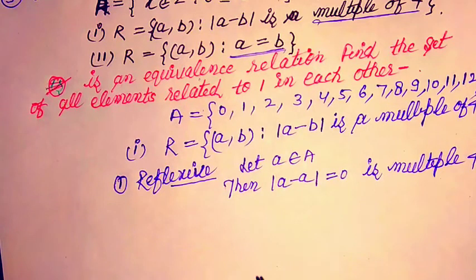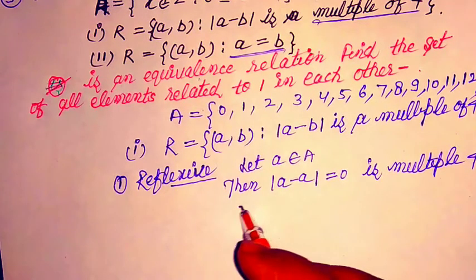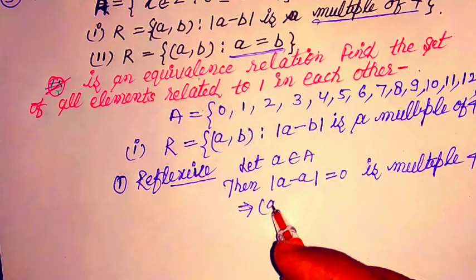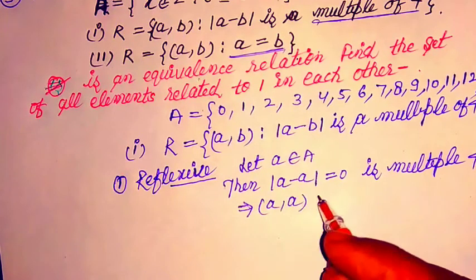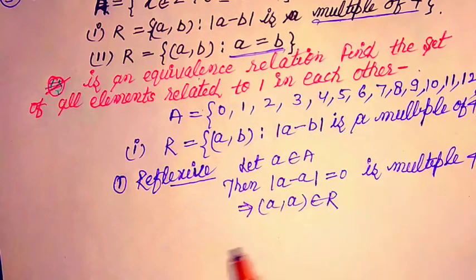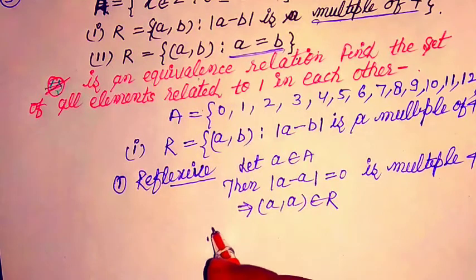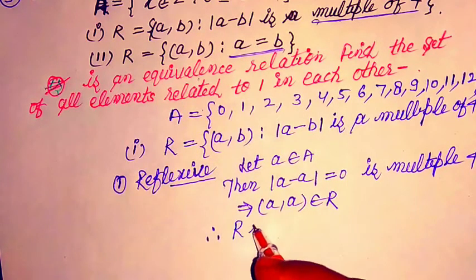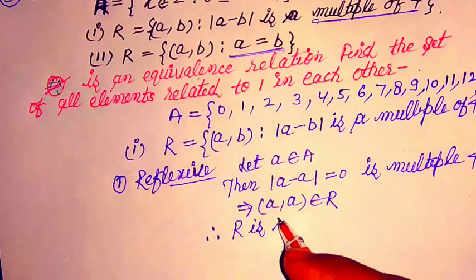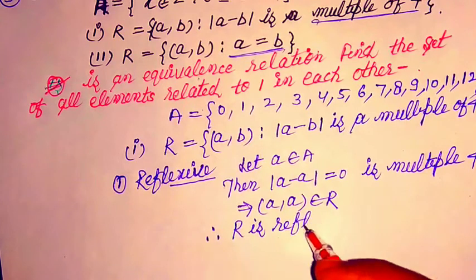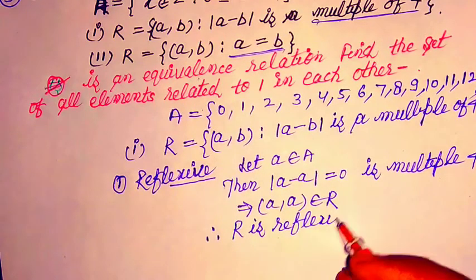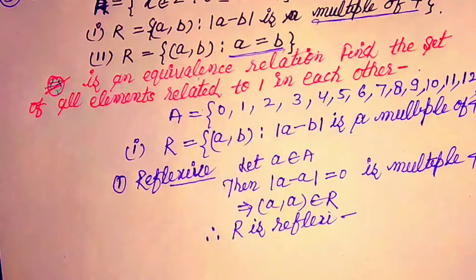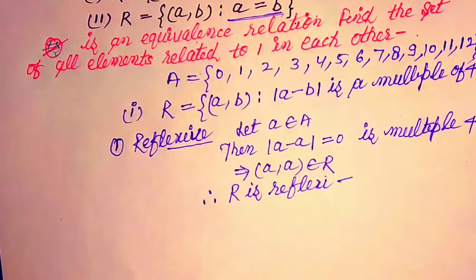So we can write (a, a) belongs to R. Therefore R is reflexive here, because 0 is a multiple of 4.